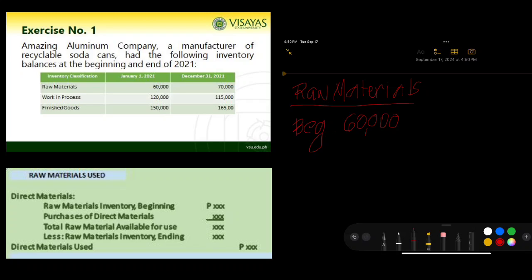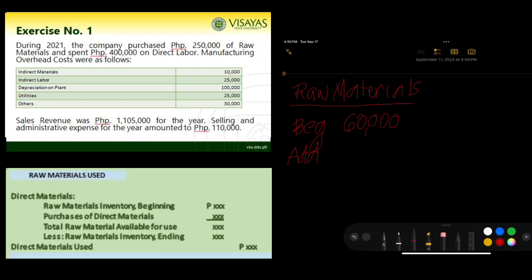So, sa 60,000 na yan, what you have to do is you add the purchases. Wherein, sabi dito, during 2021, the company purchased 250,000 of raw materials. So, from this 250,000, after adding that, yung sagot dyan would be the materials available for use during that year. So, materials available for use, which will be worth 310,000.